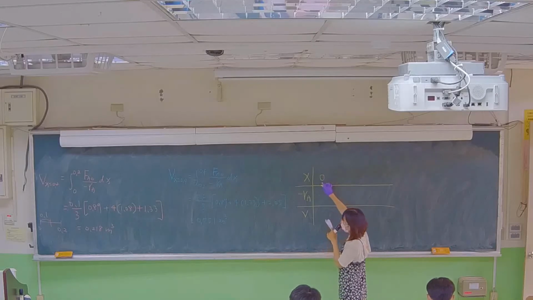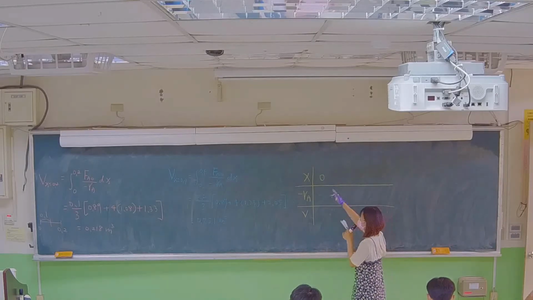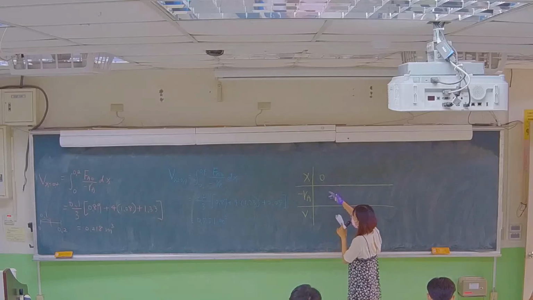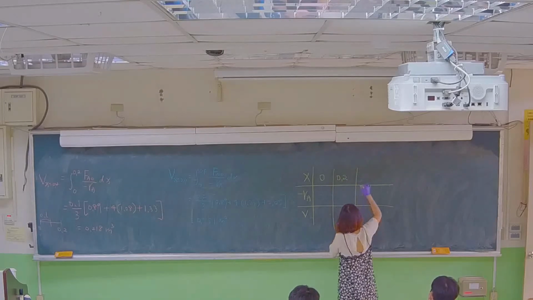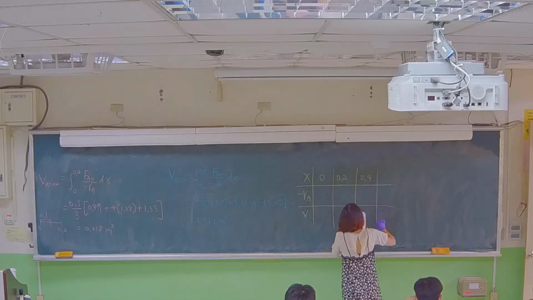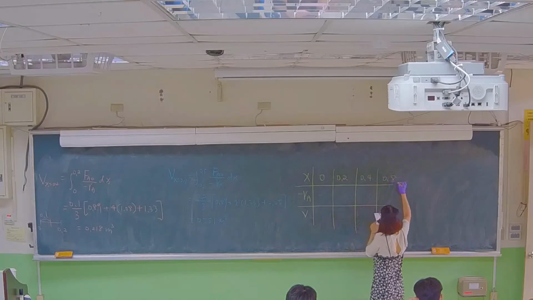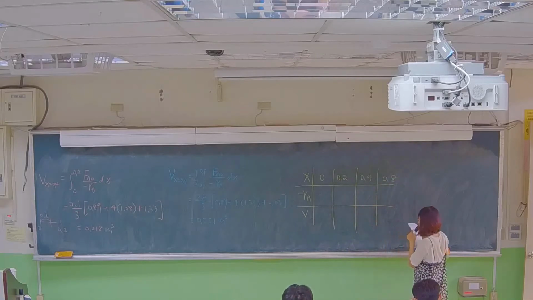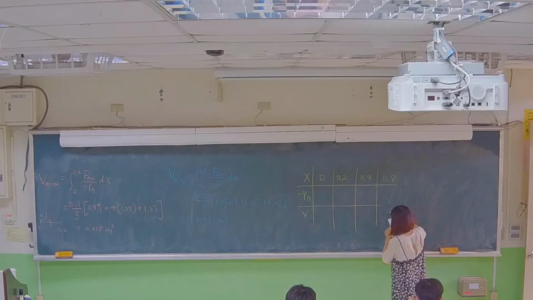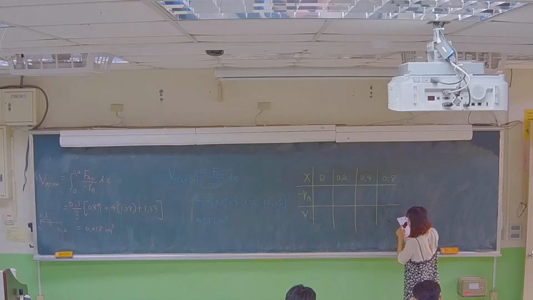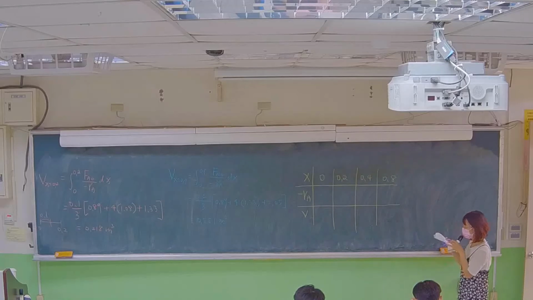Actually, you don't have to calculate this point, but you have this point. Conversion equal to 0 at the beginning, right, you have conversion equal to 0.2, 0.4, also 0.8. Okay. Try to use a table to make the data easier to read or understand.